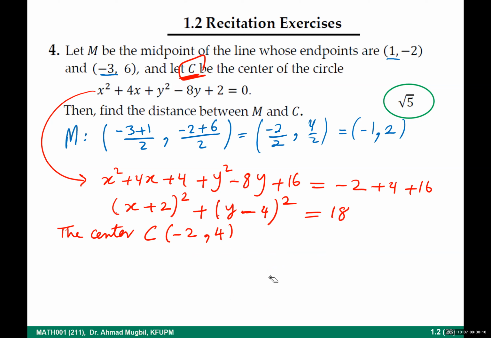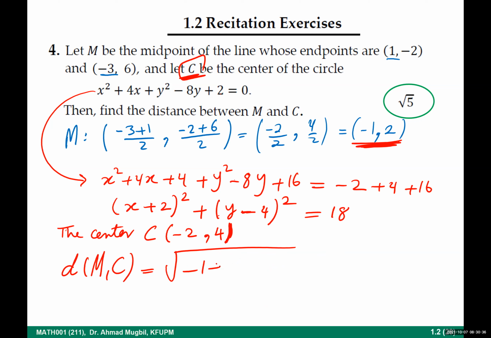We did find C. The last part of this question is the main question. Find the distance between M and C. The distance between M and C, using the distance formula, is what? This is M, this is C. So it will be what? -2 minus 1, or -1 minus.